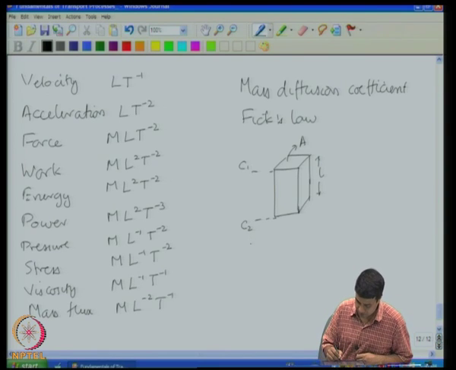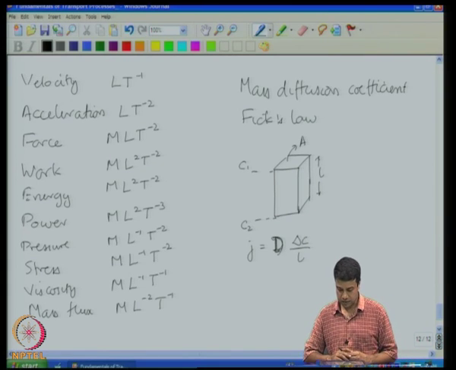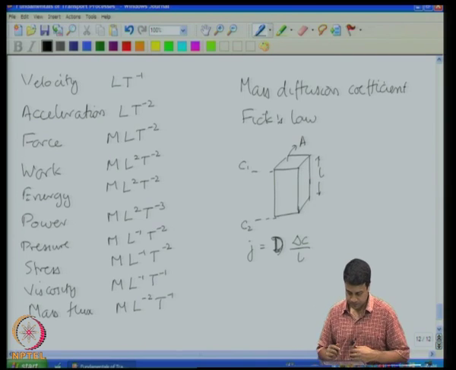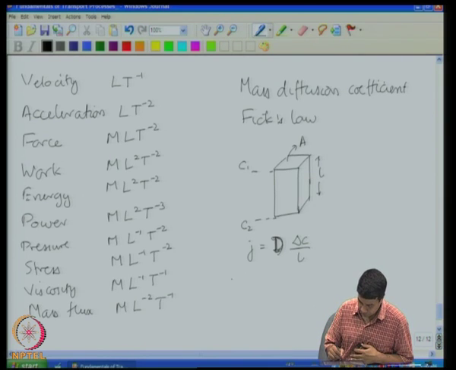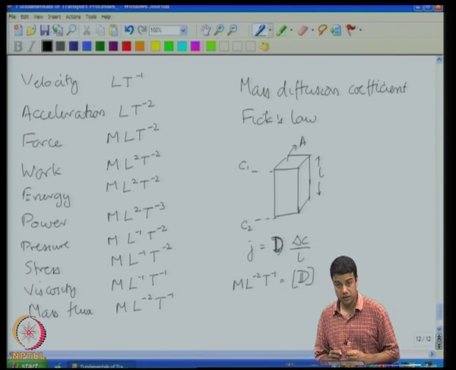This mass flux is related to the diffusion coefficient by the diffusivity. I will use a script d for the diffusion coefficient, times the difference in concentration divided by the length. Therefore, the mass flux has dimensions of m L power minus 2 T inverse. This is equal to the dimension of the diffusion coefficient times delta C. Delta C is a concentration.